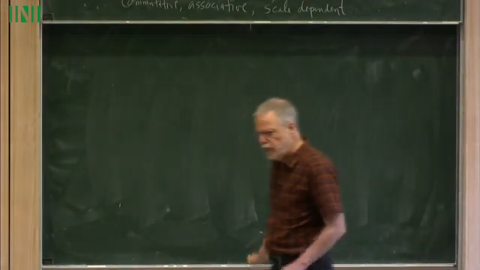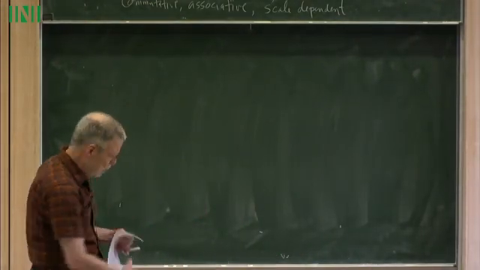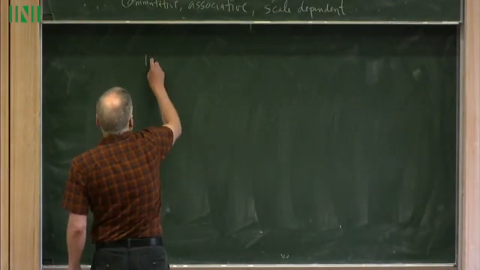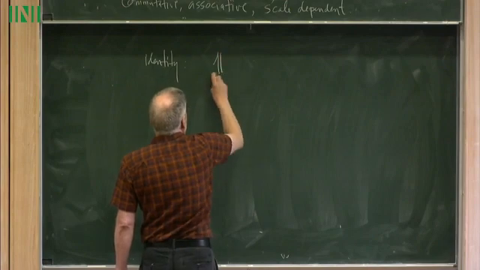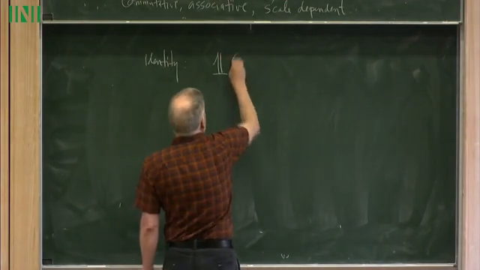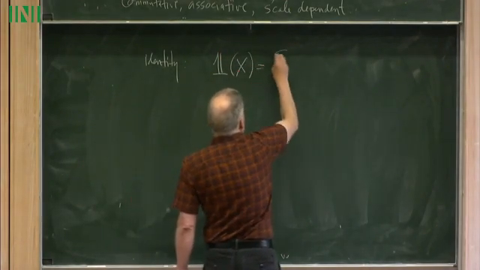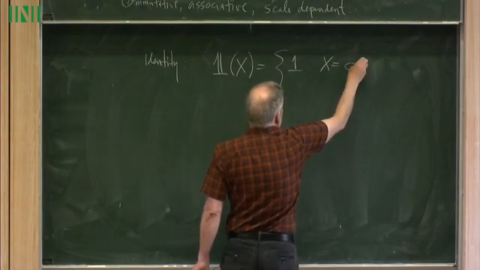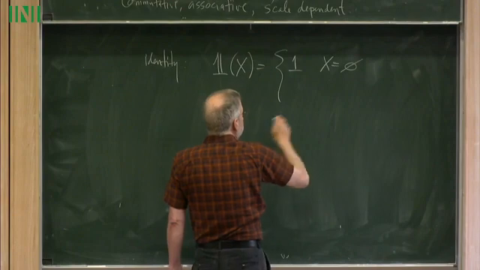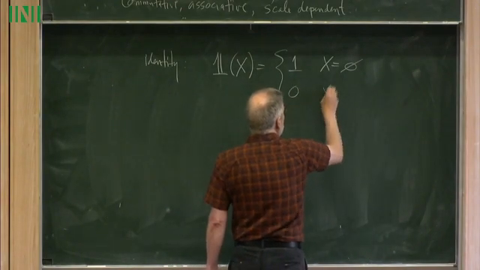So the identity element is 1, and it's defined by 1 of x is equal to 1 if x is the empty set, not to be confused with a field, and it's 0 otherwise.